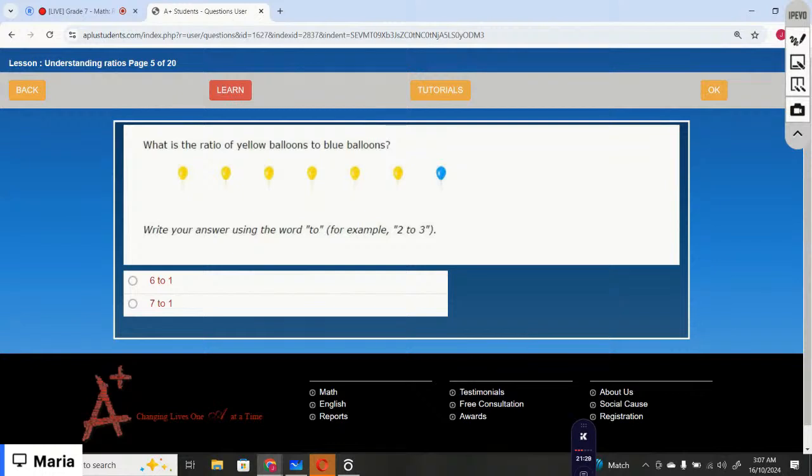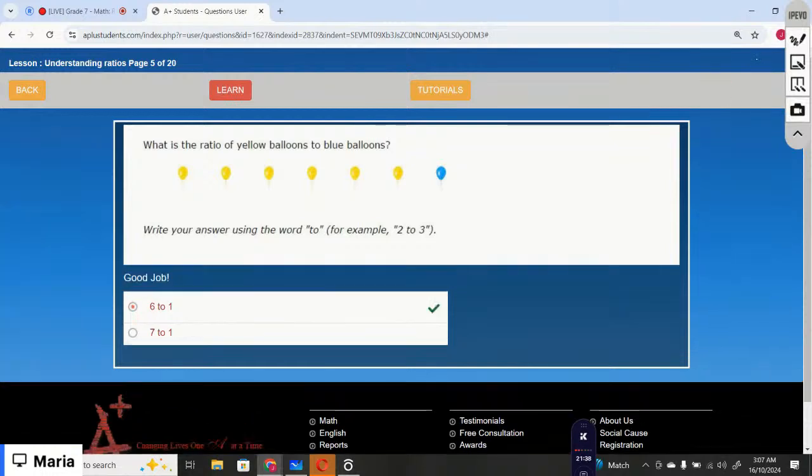The correct option is 6 to 1 because you have 6 yellow balloons and 1 blue cup. So that is 6 to 1.